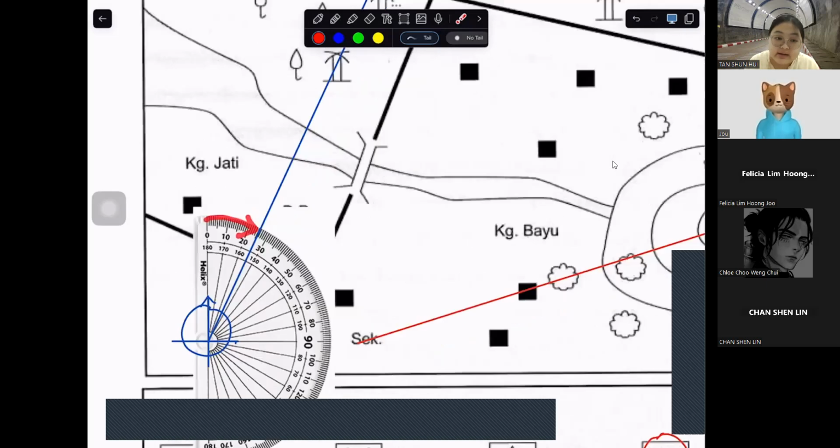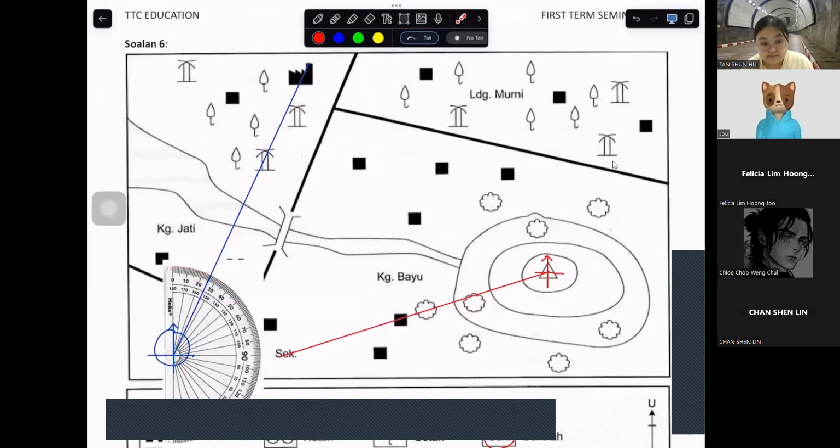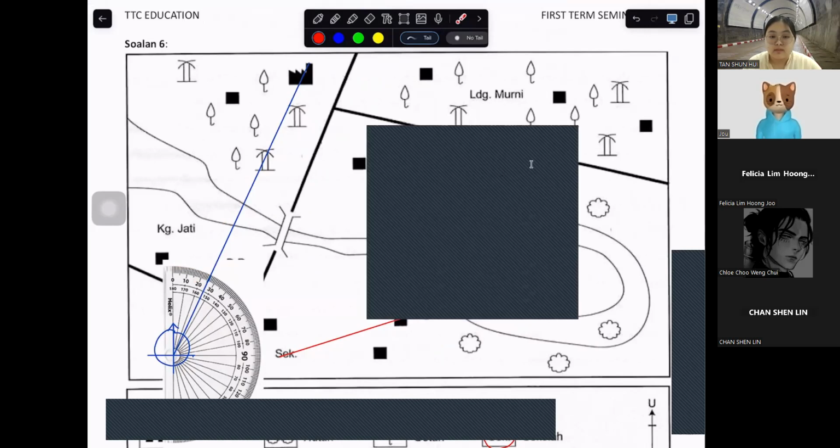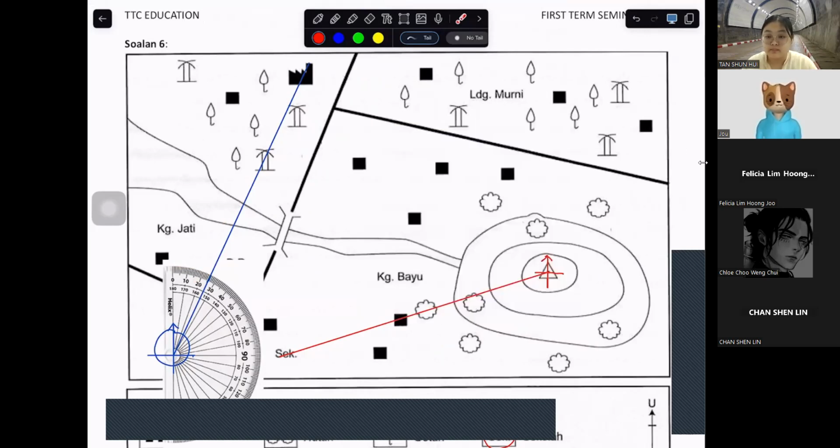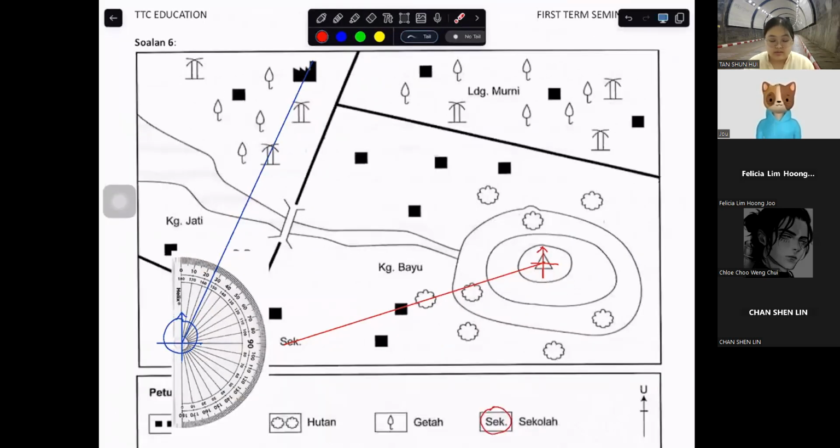So how many degrees is it? You can try it on your own. Okay, use your ruler. Do you know how to do it? 21 for you.